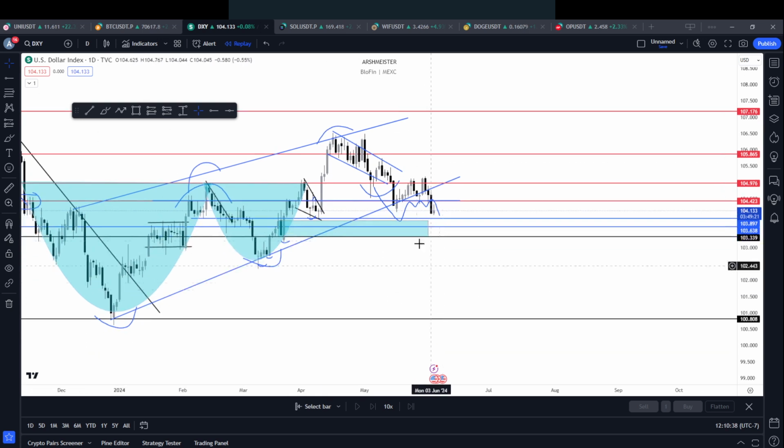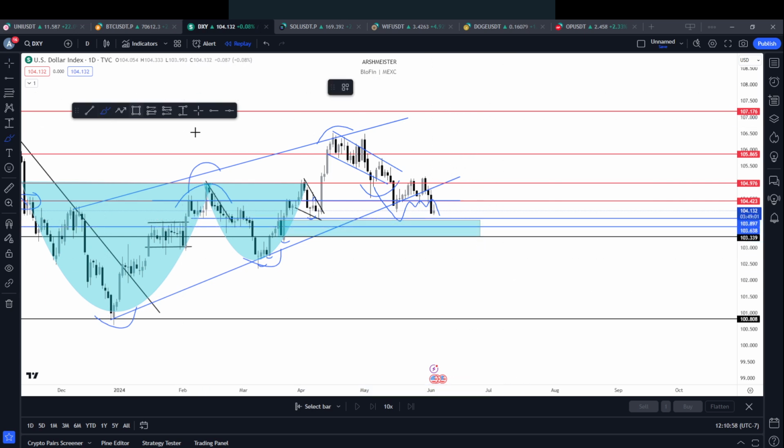Right? We had the breakdown, we had the close, the retest, rejection, and we pumped while the dollar was dumping. Okay, but we're entering the order block slash support area very soon.